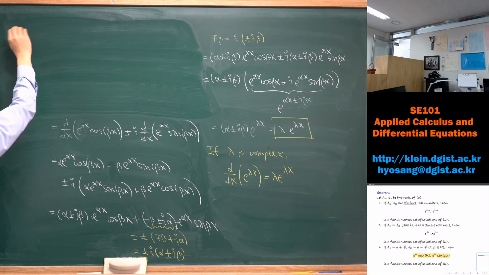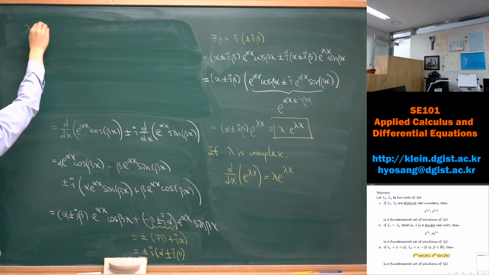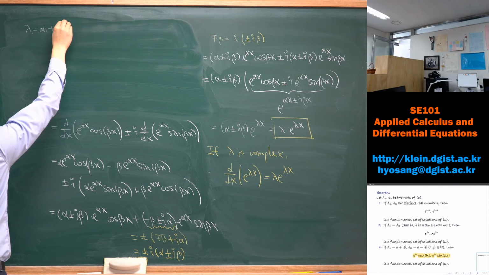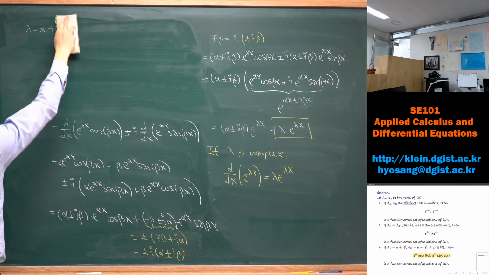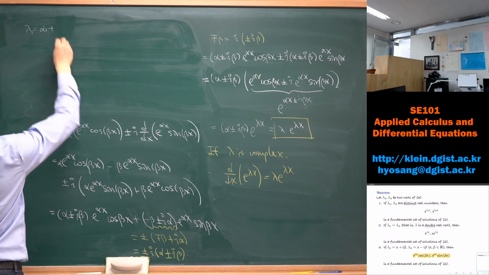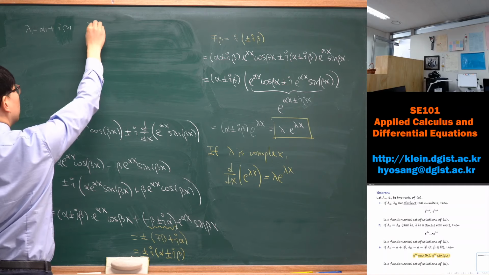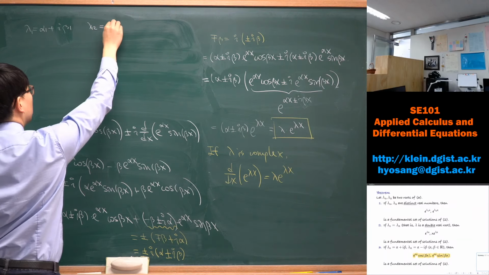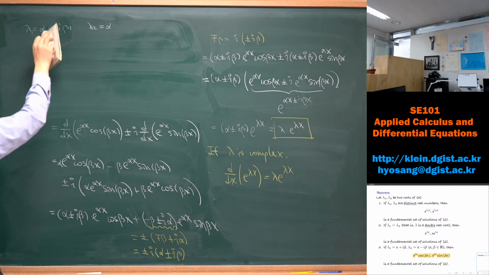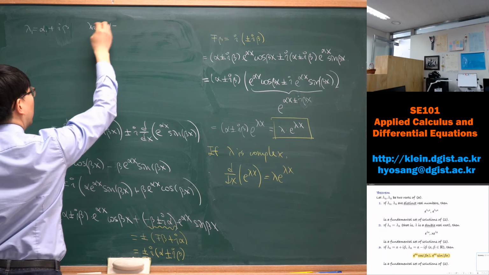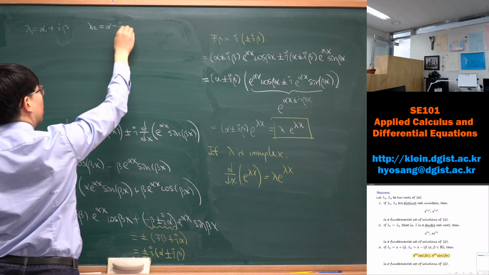So let's say lambda 1 is alpha plus I beta, and lambda 2 is, let's drop the index here, lambda 2 is alpha minus I beta.